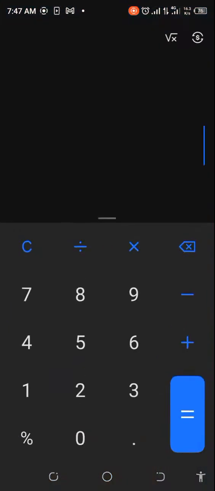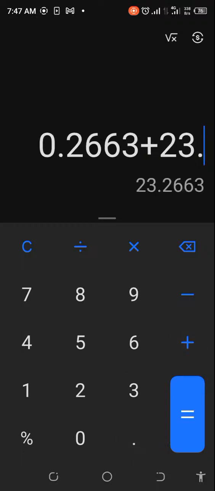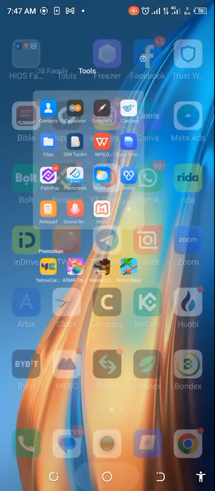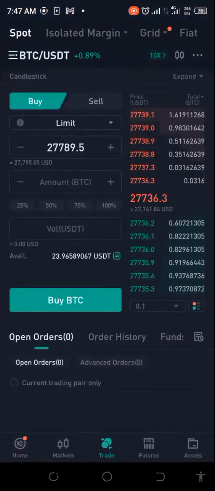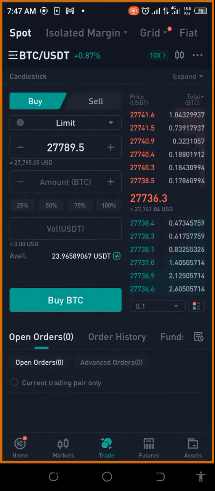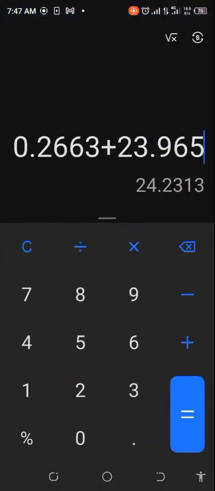We eventually have, let's add our 0.2663, then we add that to our 23.9658. What was that? Let me go and check so that we don't put values that are not right. Okay, 9658. I'll just take four figures after that. So 9658. All right.